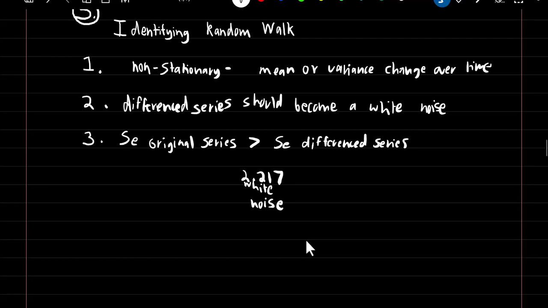So this number should be less than our original series, which was just values 50, 48, 49, 52, 51. If we find the standard error of these values, we would get 1.58. Since this number is not less, we can say that this is evidence against our series being a random walk model. So we would say that our series is probably not a random walk model.